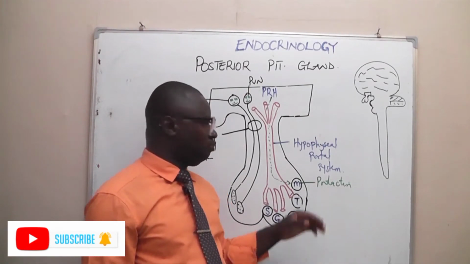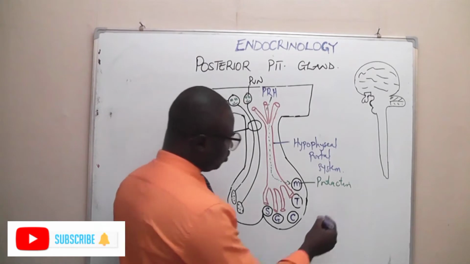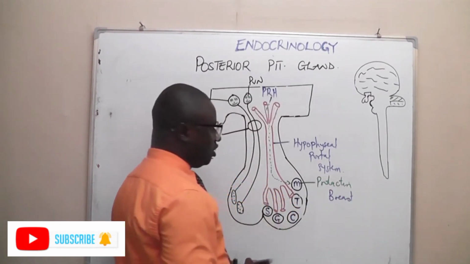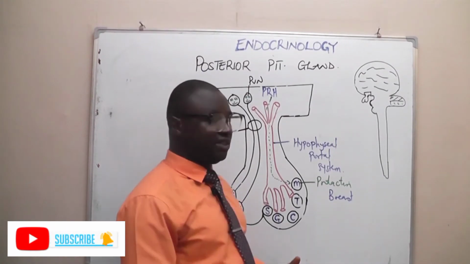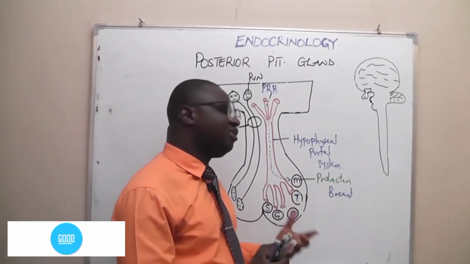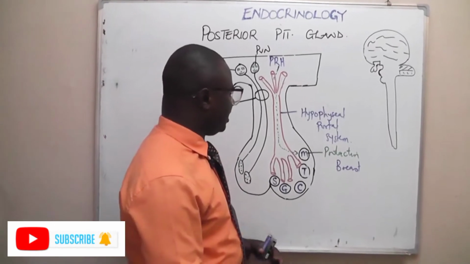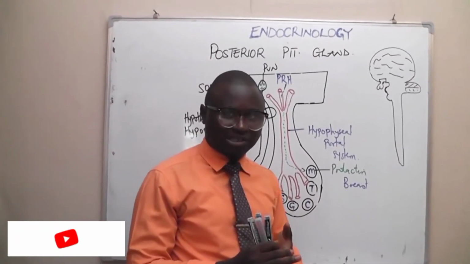Prolactin. Now, prolactin acts on the mammary gland. It acts on the breast. Usually this happens shortly after birth, and it stimulates the cells, particularly the acini cells, to produce milk, and that process is known as lactation.